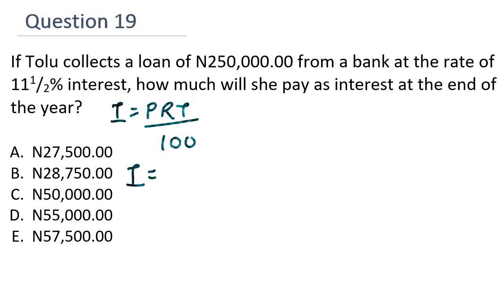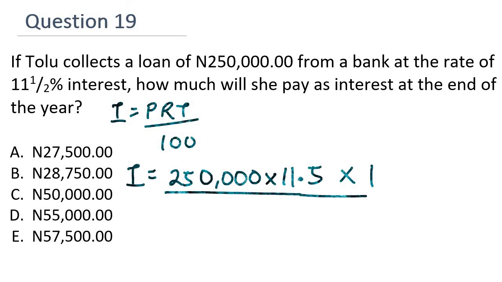Interest will be, the principal in this question is 250,000 times the rate, 11.5%, times time. End of the year, that's 1 year, divide by 100. So these 2 zeros cancel these 2 zeros.